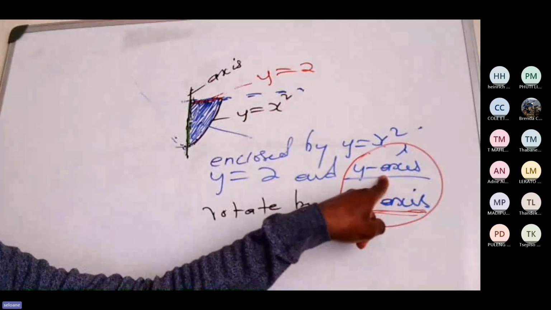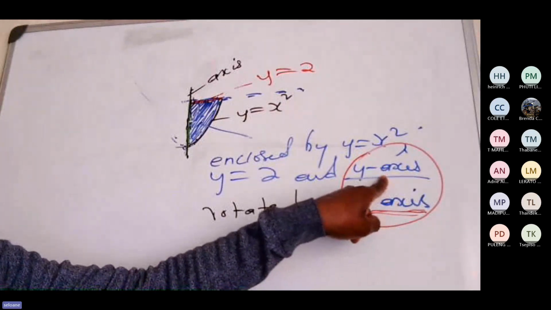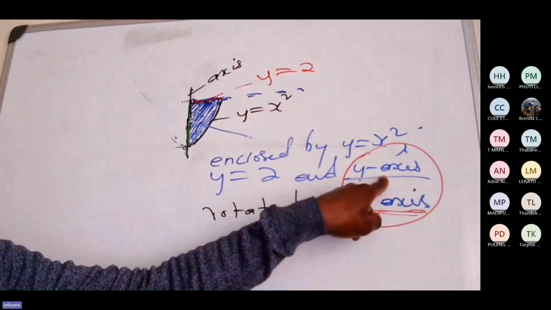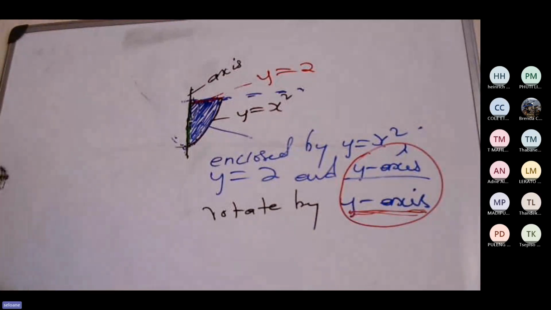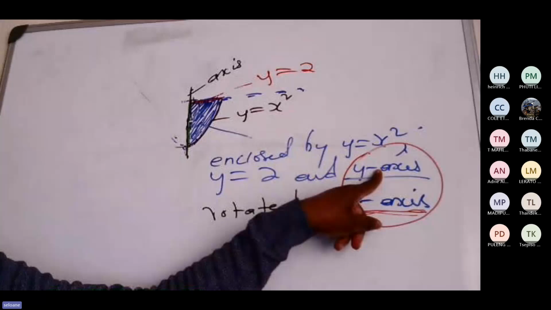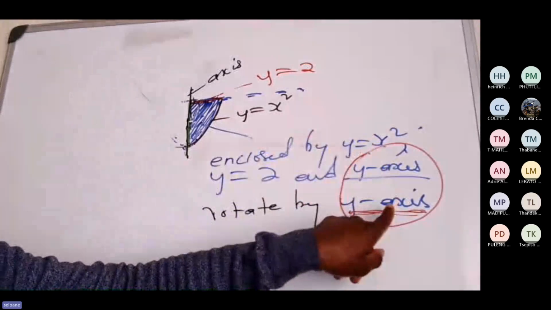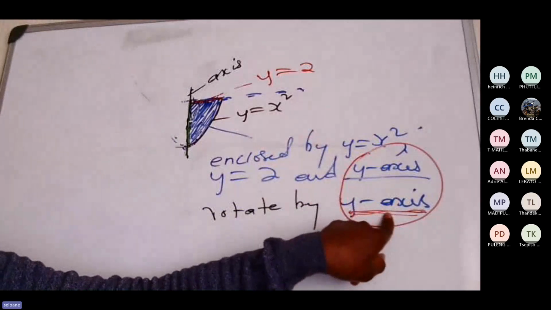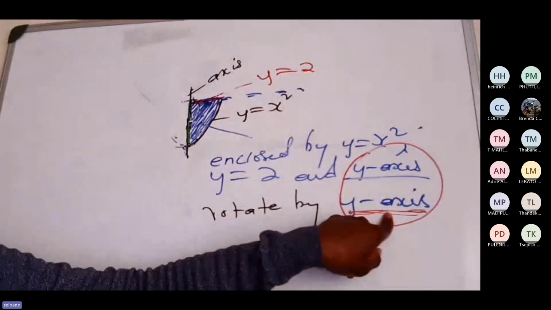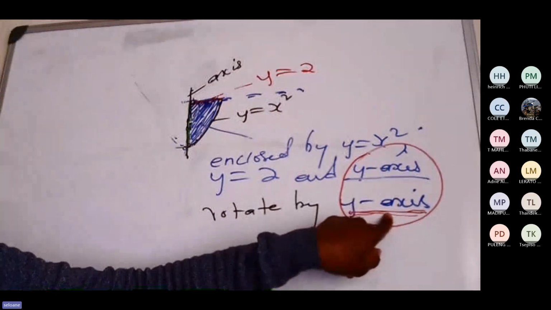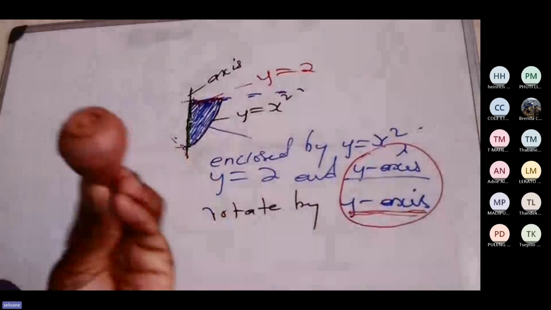So when you rotate this region by a line that forms part of those curves that form a region, it will give you something solid.